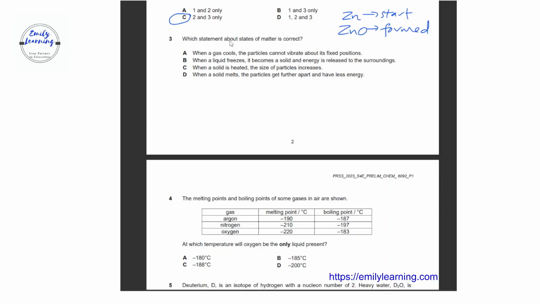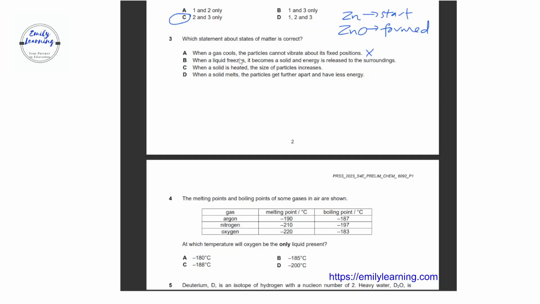When a gas cools, the particles cannot vibrate about their fixed positions. No, when a gas cools, it becomes a liquid. For a liquid, the particles move among themselves within the volume of the liquid.